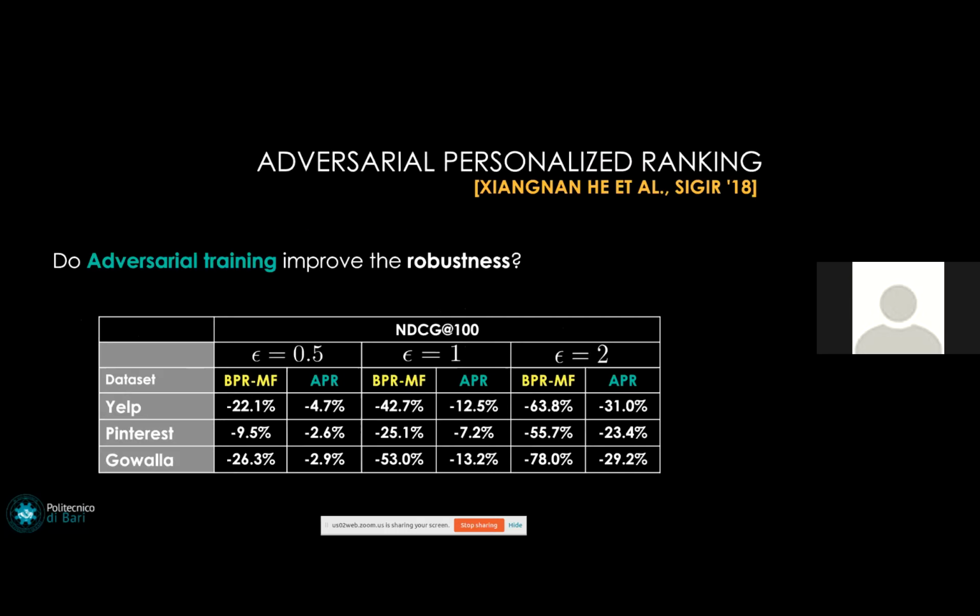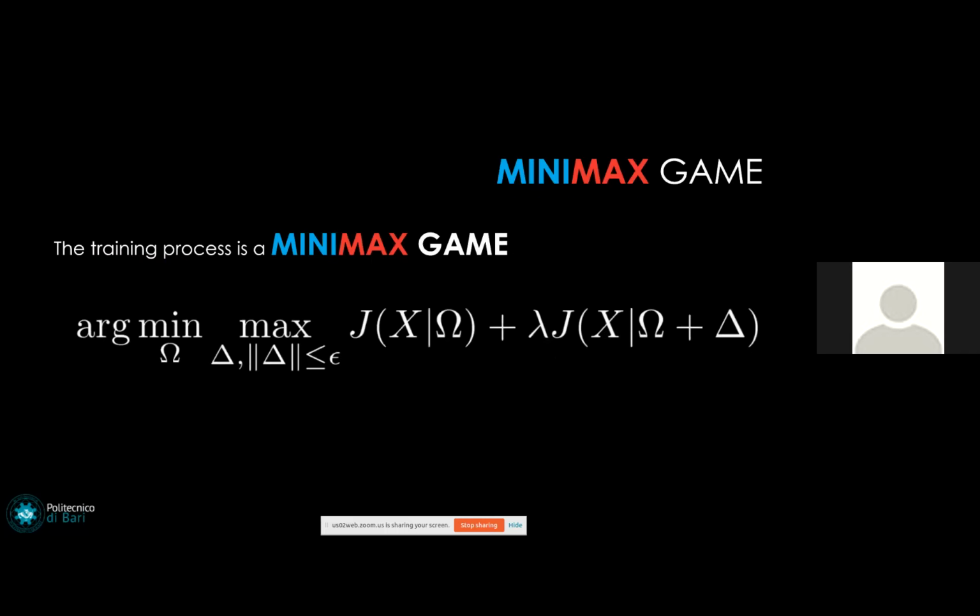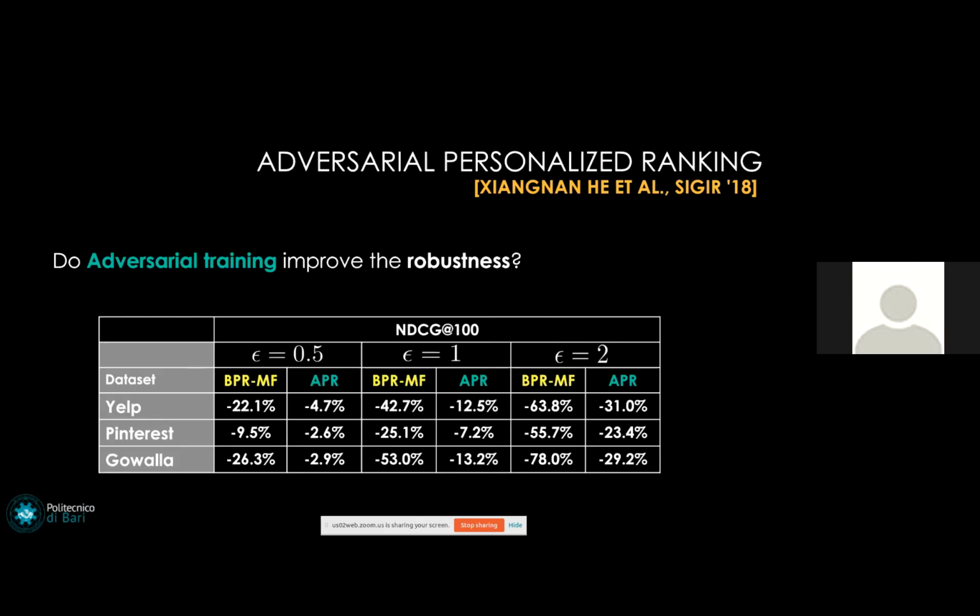So how did this approach work for APR? The authors basically showed the differences of leaving, let's say, adversarial personal ranking, which is when you use this defensive strategy based on adversarial training, and without it.